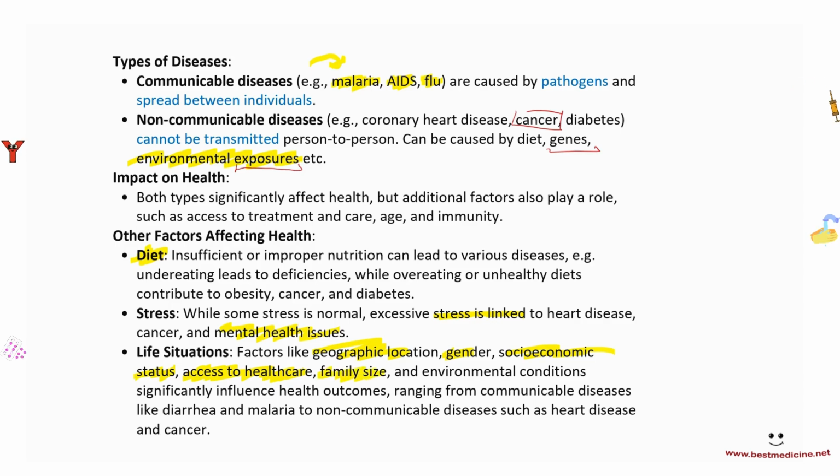A large family size might mean that you're being neglected. Environmental conditions. How friendly the environment is towards health. For example, if there's a lot of toxins in the air or not, how clean the air is, how clean everything else is. These significantly influence health outcomes, ranging from communicable diseases like diarrhea and malaria to non-communicable diseases such as heart disease and cancer.